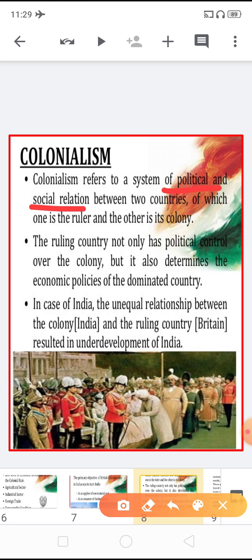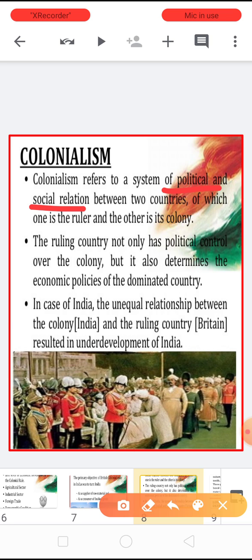The ruling country not only has the political control over the colony, but it also determines the economic policy of the dominated country. In the case of India, the unequal relationship between the colony, that is India, and the ruling country, Britain, results in underdevelopment of India.